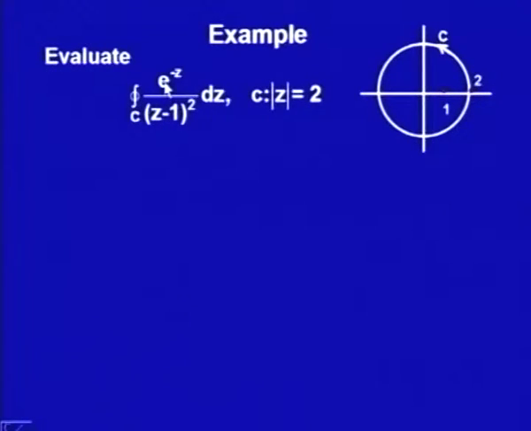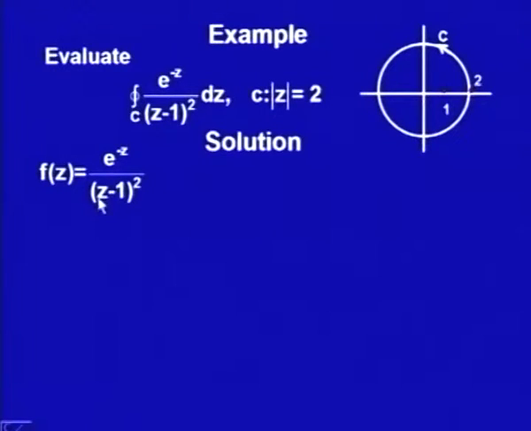Let us see this function e to the power minus z upon (z minus 1) square. The function is a ratio of two functions. The numerator e to the power minus z is an entire function.